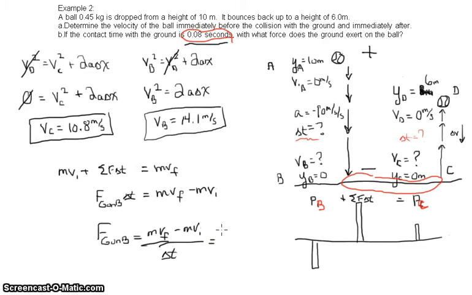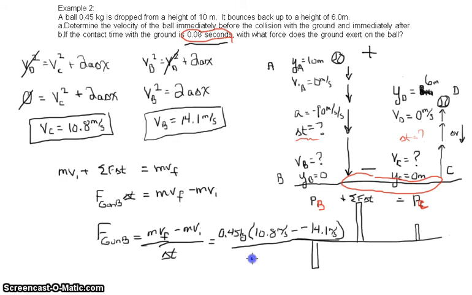Alright, I'm going to factor out the mass here, so we're going to have 0.45 kg times the final velocity, which will be the velocity at C. That will be a positive 10.8 meters per second, minus a negative 14.1 meters per second.